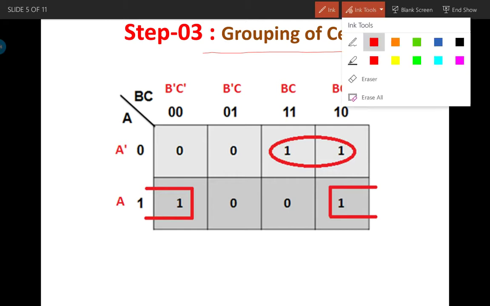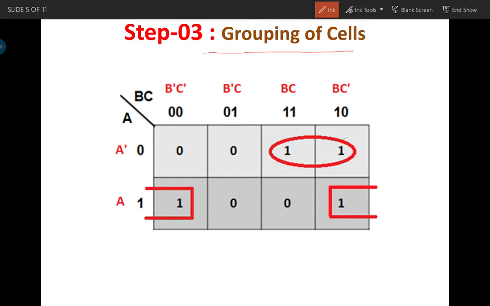Here it is shown that this group is formed of two ones, right? This is group number 1, and the second group is formed from these two ones, and we call it group number 2. This is also one of the rules for grouping: if we have ones on the extreme sides of the K-map, they can be grouped together, right?